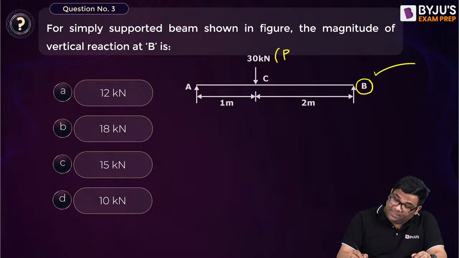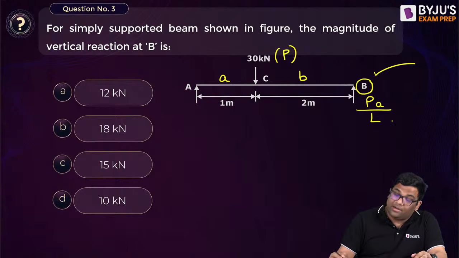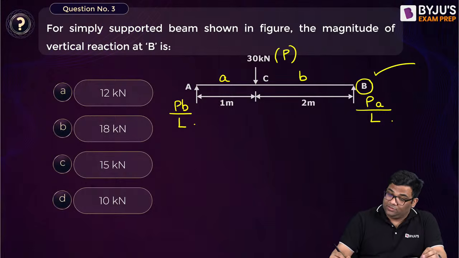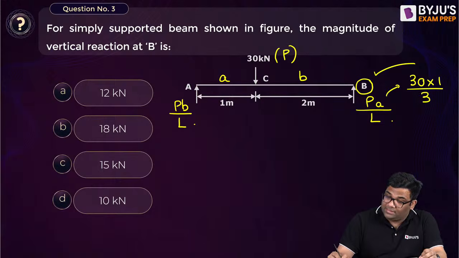If this is P, suppose this is A and B, this reaction will be PB by L and this is PA by L. So what is the right answer? D. This will be equal to P is 30, A is 1, divided by total length 3.